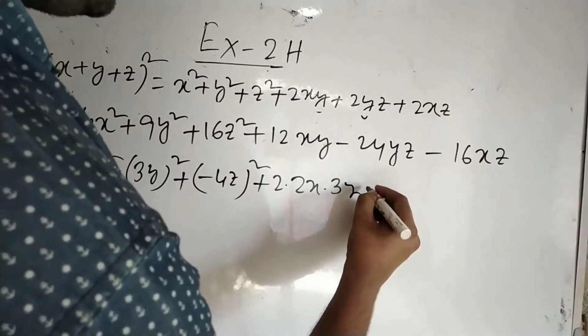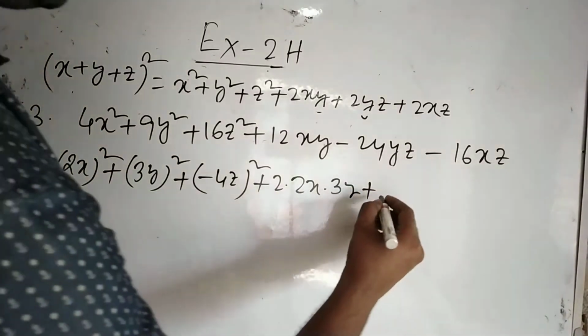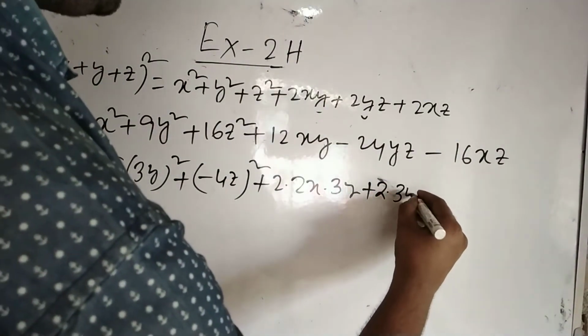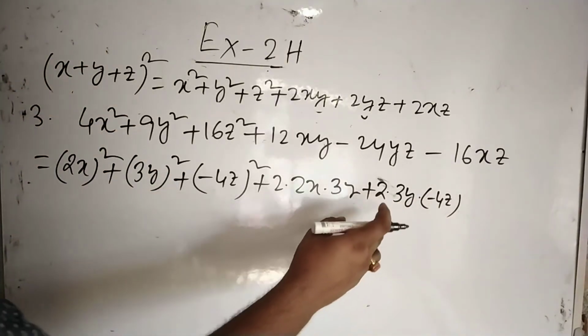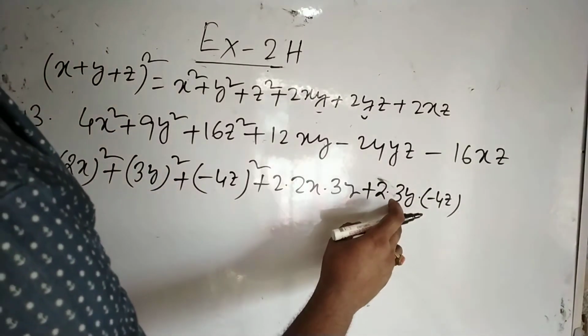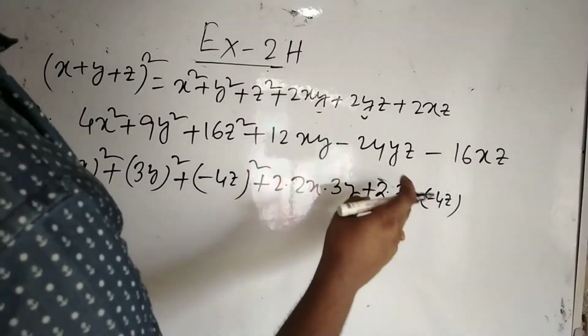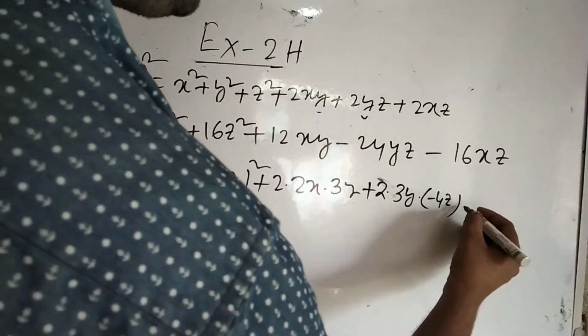Next, plus second and third, 2 into 3y into minus 4z. Check 2, 3, 6, 6, 4, 24, plus into minus, so minus 24yz. It's matching.